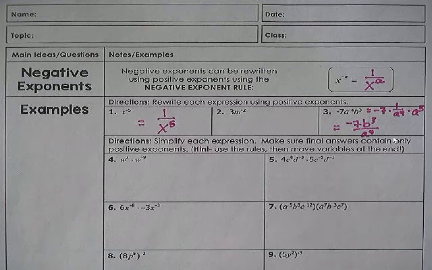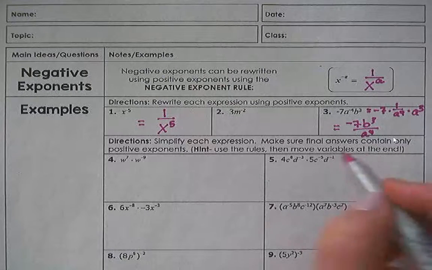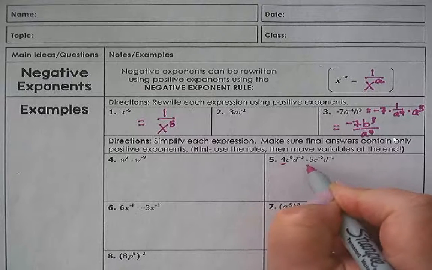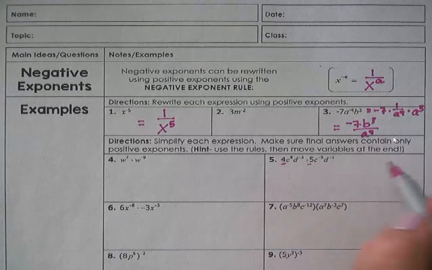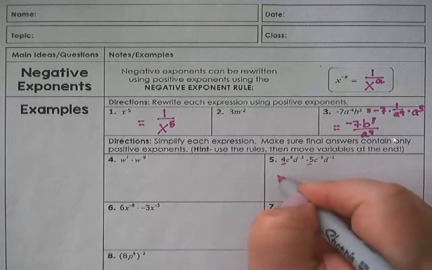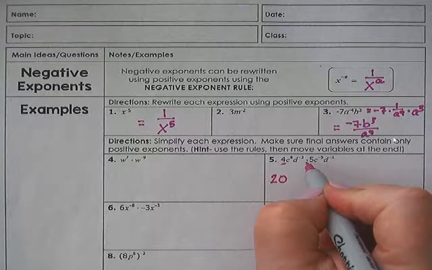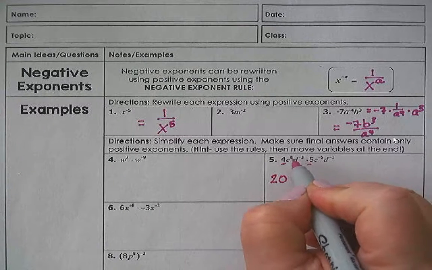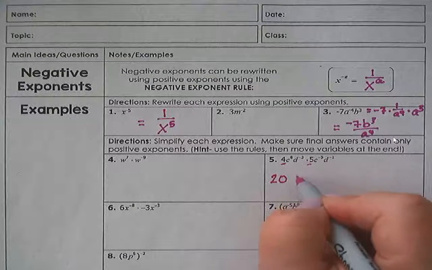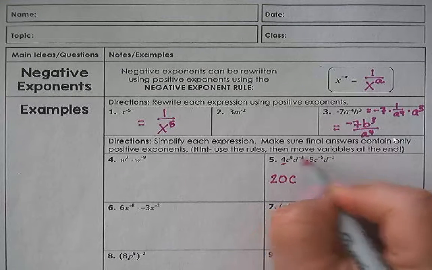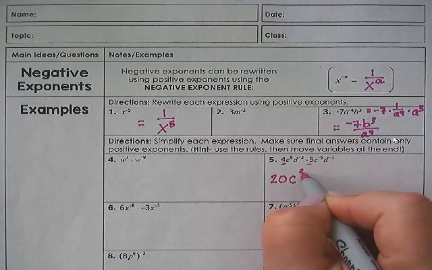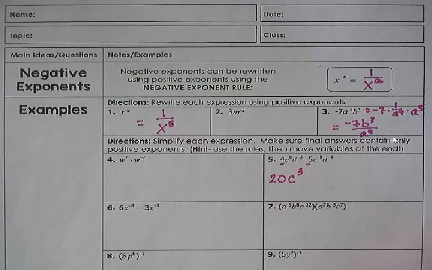For number 5, first, I'm going to apply the rules that I know about multiplying monomials. I know that the 4 and 5, the coefficients, are going to be multiplied normally. 4 times 5 is 20. I also know that when I multiply monomials, I add exponents on my variables. So for c, I'm adding 8 plus negative 5, and 8 plus negative 5 is 3.